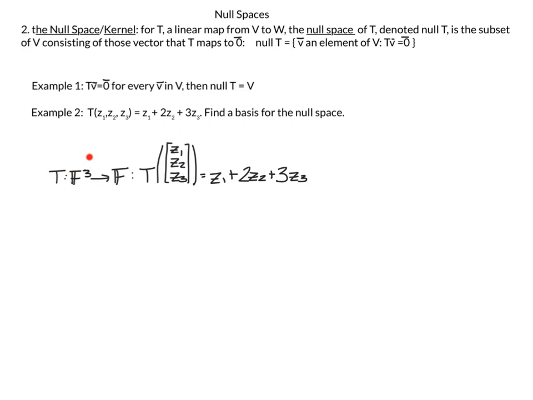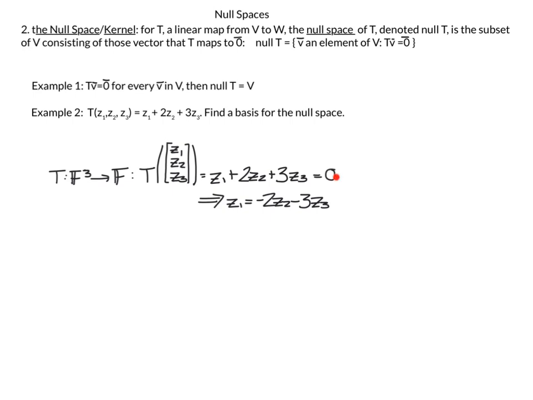So T is going from F3 to F. T takes our z1, z2, z3 to a single scalar, z1 plus 2z2 plus 3z3. Because I want to find the null space, I want to know which of these get sent to the 0 vector. So I set this equal to 0.